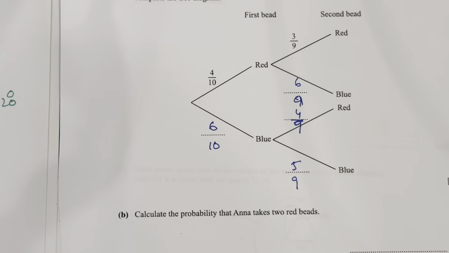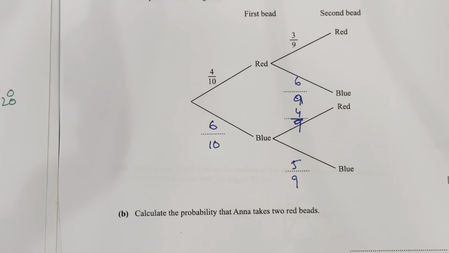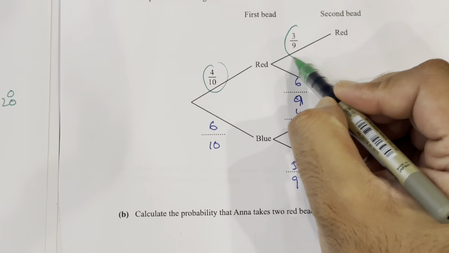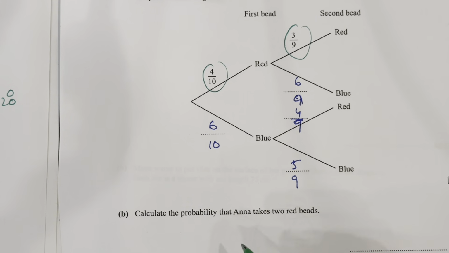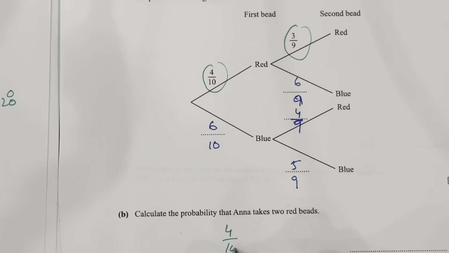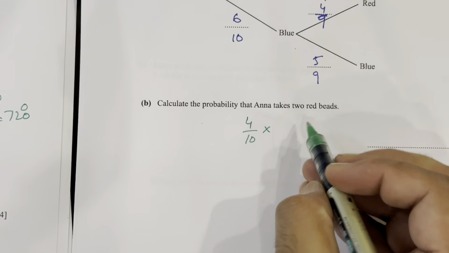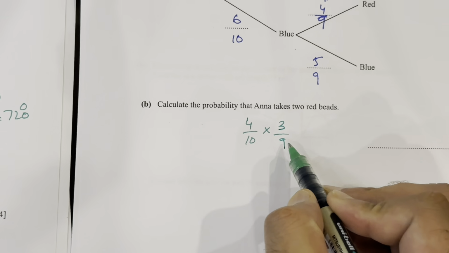Now next is calculate the probability that Anna takes 2 red beads. 2 red beads means this 4 by 10 and this 3 by 9. We're gonna multiply them. 4 by 10 multiply by 3 by 9.